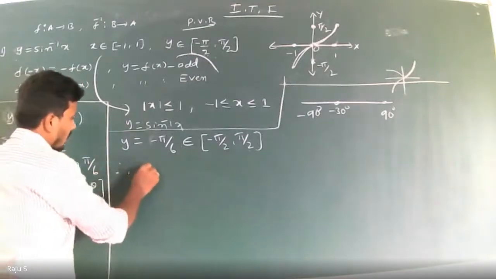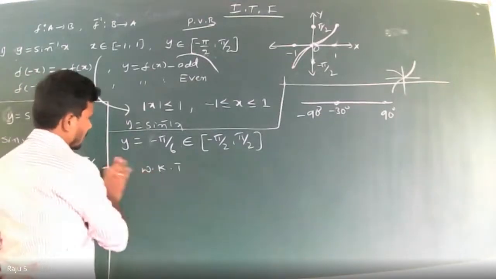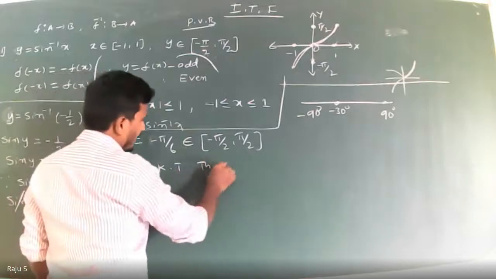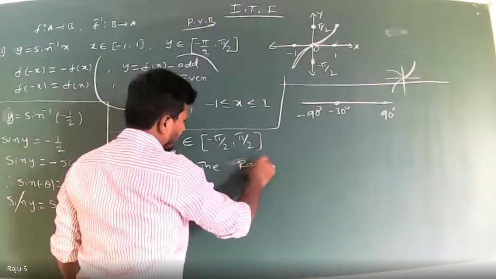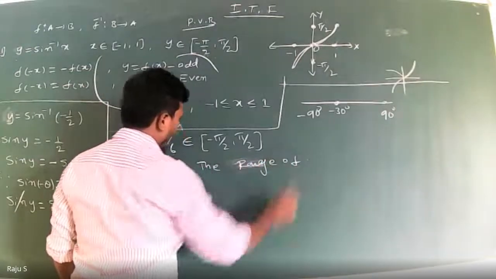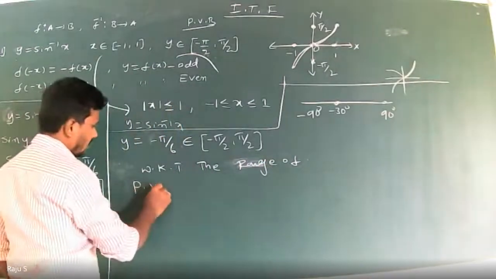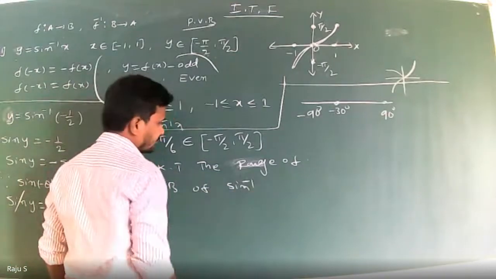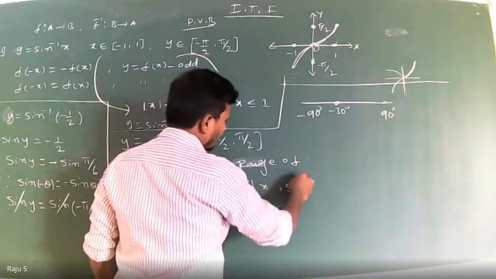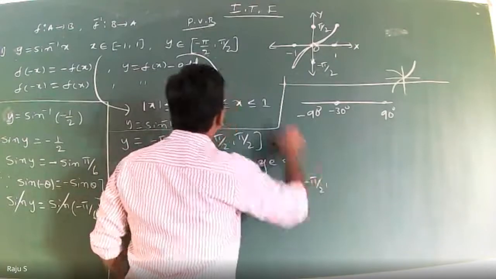Therefore, we know that the range of the principal value branch of sine inverse x is, you have to write the closed interval, nothing but this.